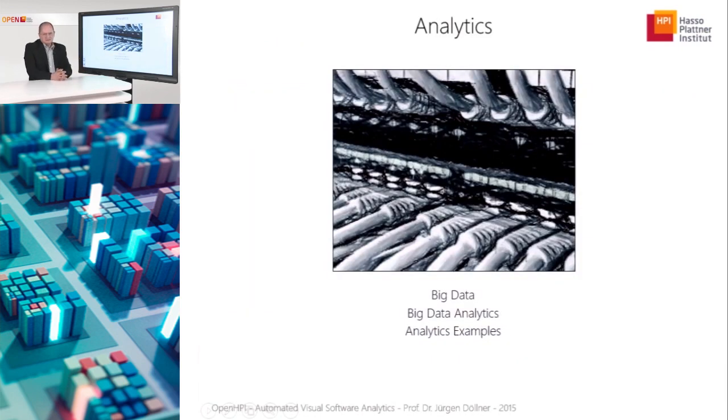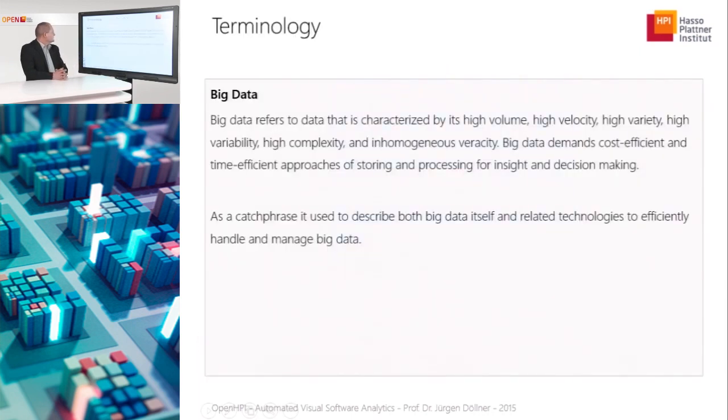This concludes this part, and let us have a look at some terminology. We have introduced the term big data, defined by referring to data that is characterized by its high volume, high velocity, high variety, high variability, high complexity, and inhomogeneous veracity.